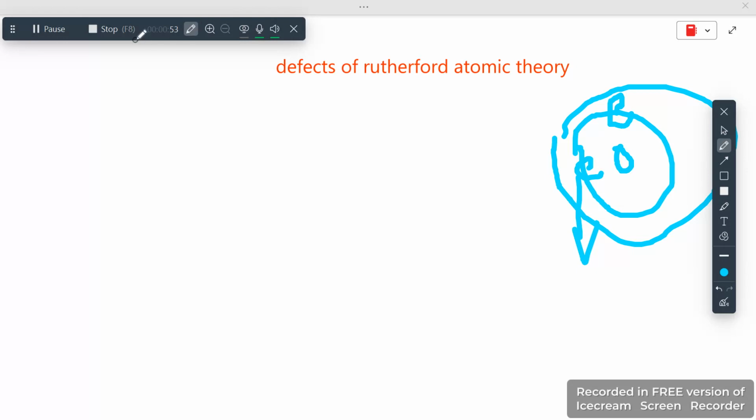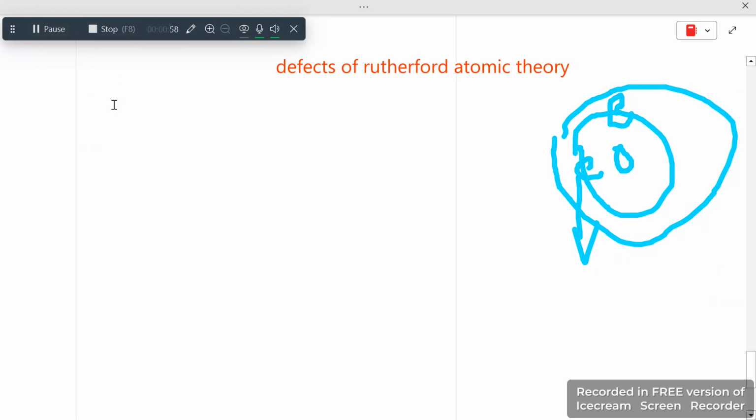Okay, if you could not understand it this way, I will write it.